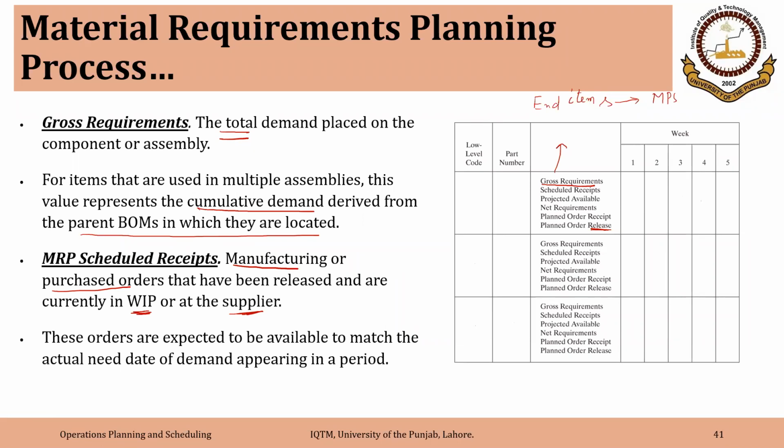These orders are expected to be available to match the actual need date of demand appearing in a period. They are also called open orders: open shop orders in the case of being manufactured in the organization, or open purchase orders in the case of the item being purchased.